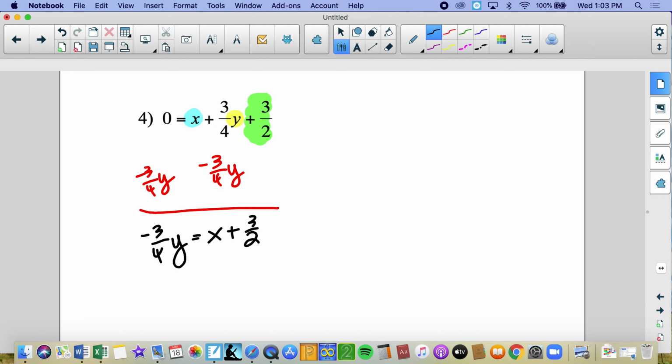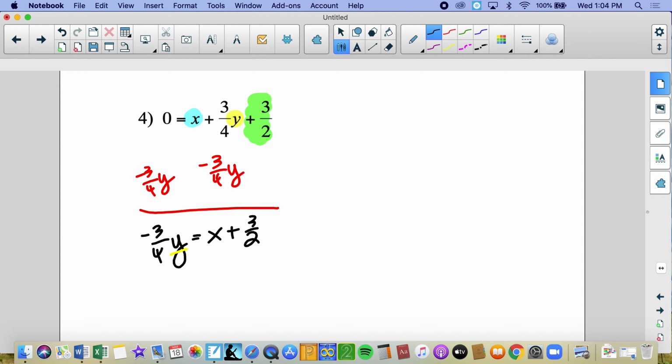Now, y is not isolated yet. We have to get rid of that negative 3/4. That negative 3/4 is multiplying y. So I'm not going to divide by negative 3/4. That would be really, really difficult, right? If we have this, that would look kind of crazy. So in this case, we know that one way of isolating, or the inverse of multiplying, could be dividing.